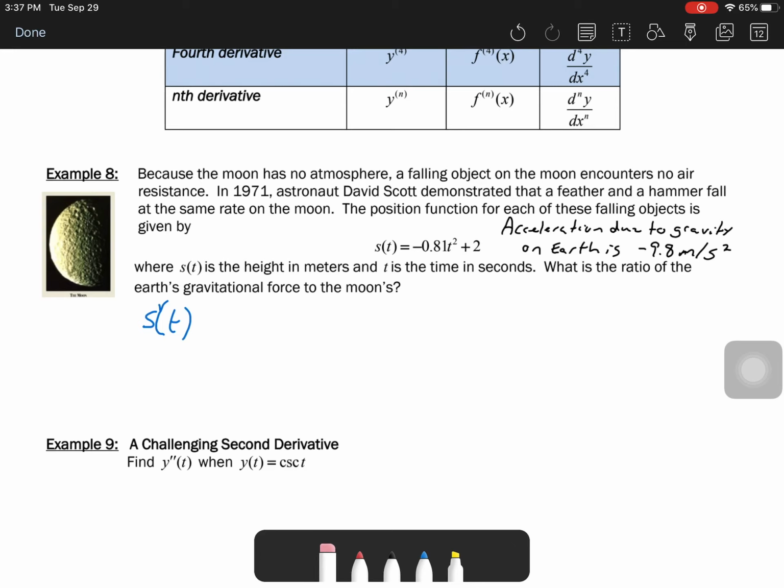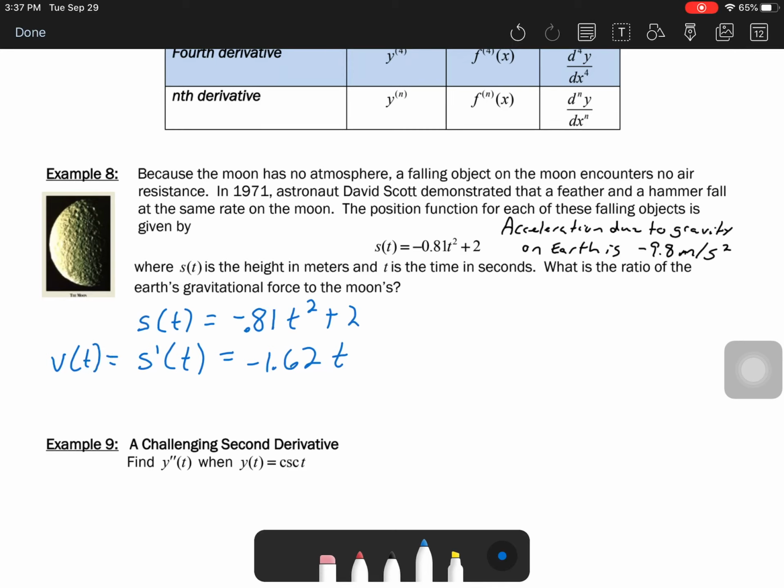I'll just write s of t to start. So they told us that s of t was negative 0.81 t squared plus 2. So the derivative of that would be, do the power rule, so we'd have negative 1.62, and then that would be t to the first. My constant would disappear, and that would be our velocity, right?